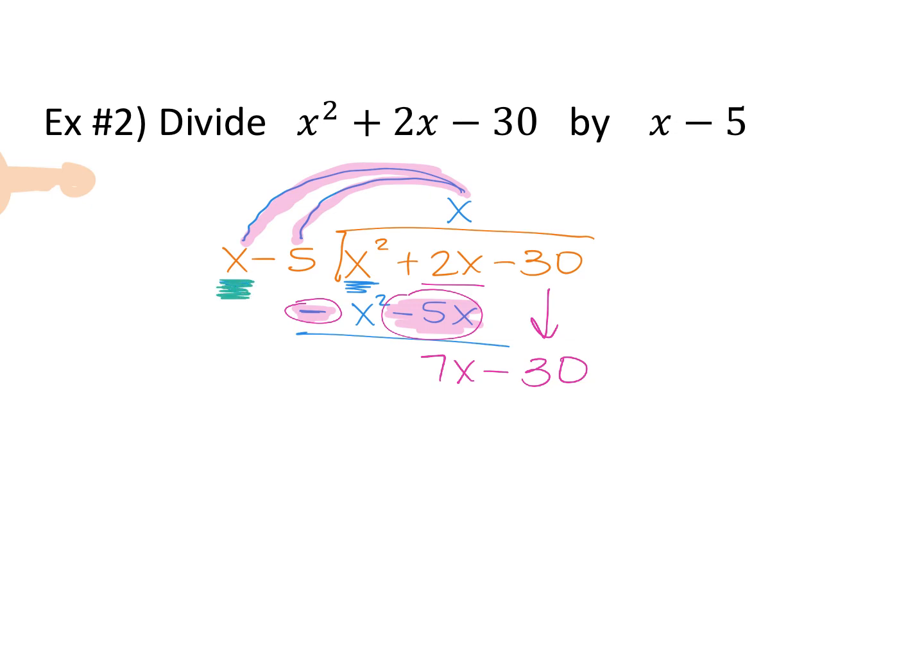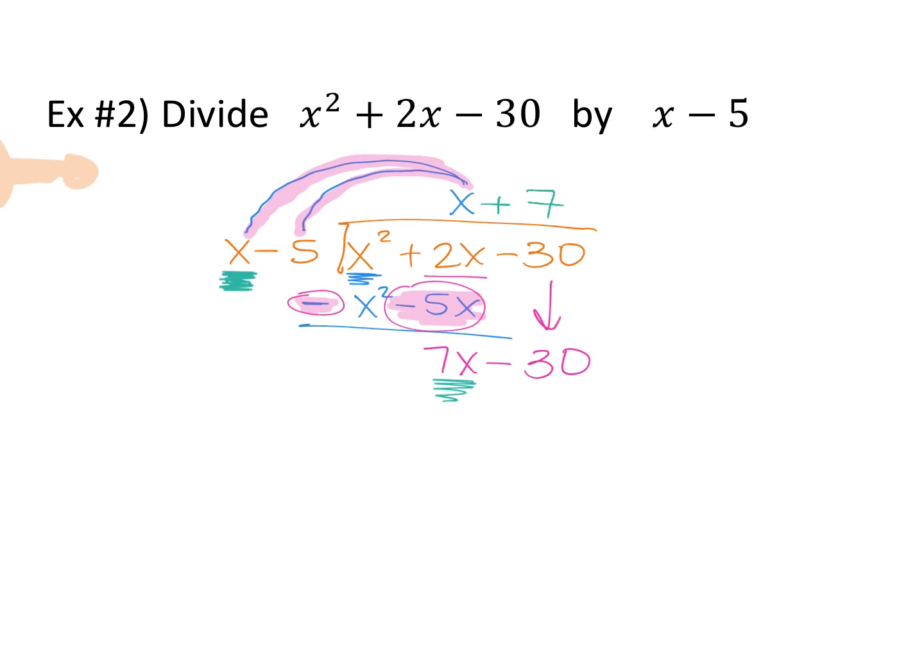X times what gets you 7x? 7. So you go plus 7 up top, okay? Now distribute that. So you get 7 times x is 7x. 7 times -5 is a -35.